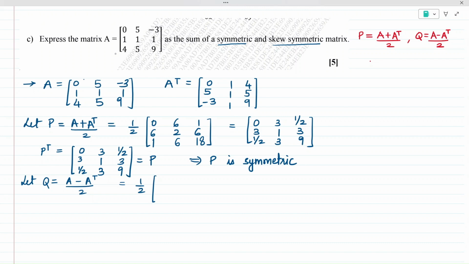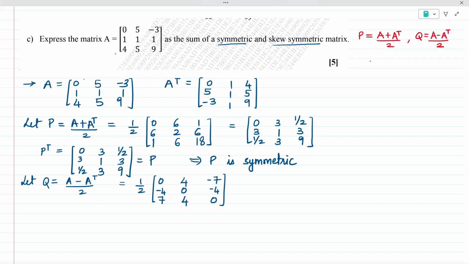The first matrix A minus the second matrix, so 0 minus 0 is 0. 5 minus 1 will be 4. You can of course write the steps, no problem. I'll have negative 3 minus 4, which is negative 7. 1 minus 5 is negative 4. 1 minus 1 is 0. 1 minus 5 is negative 4. 4 plus 3 will give me 7, and this is 4 and this is 0.